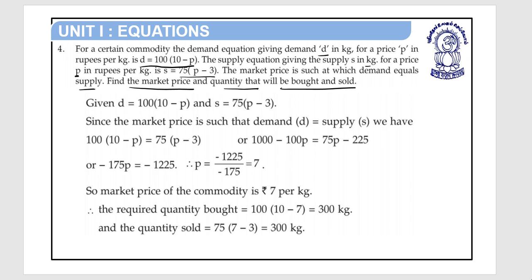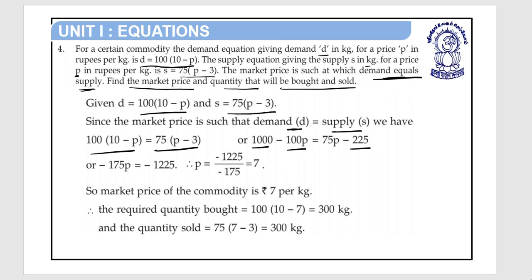Here two equations are given. D is equal to 100 into 10 minus P and S is equal to 75 into P minus 3. The market price is such that demand equals supply, so D is equal to S. So 100 into 10 minus P is equal to 75 into P minus 3. 1000 minus 100P is equal to 75P minus 225.